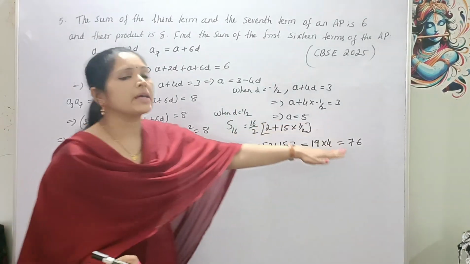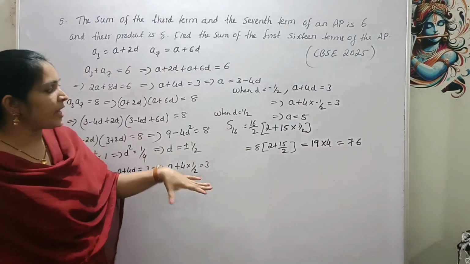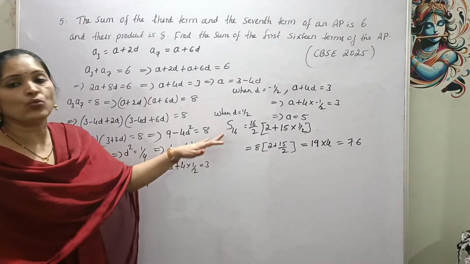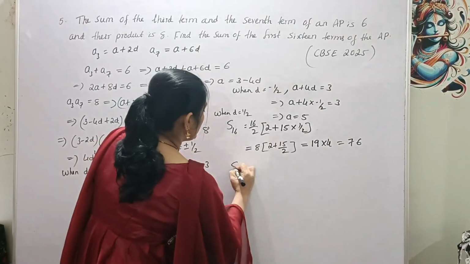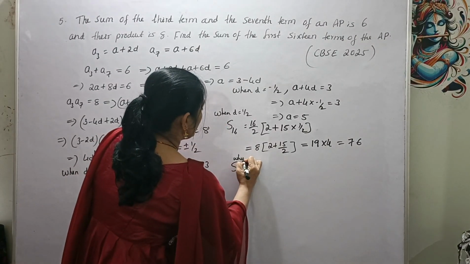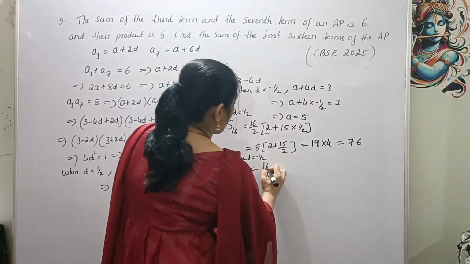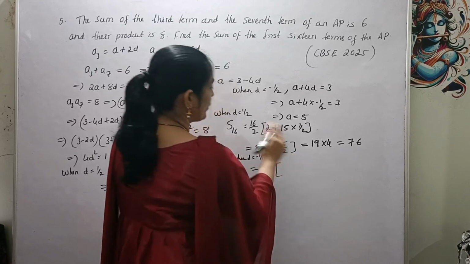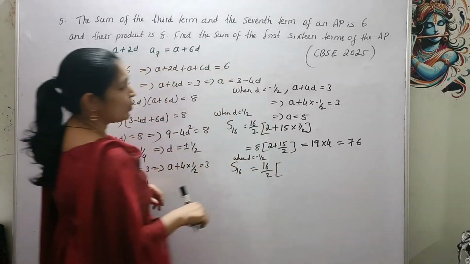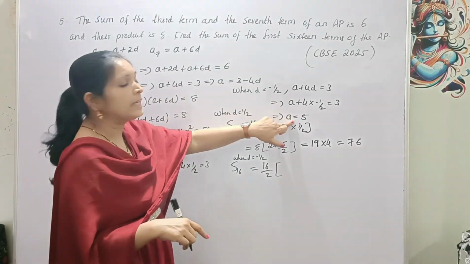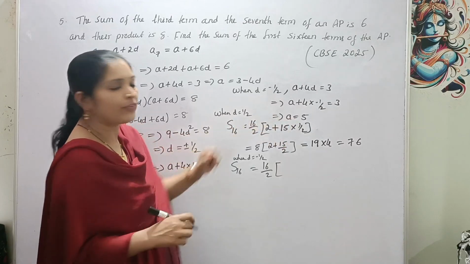the sum is 76. Next we have to find, when D is equal to minus 1 by 2, what is the sum? So yes, 16 by 2, N by 2, 2 into A. What is A here? When D is equal to minus 1 by 2, A is 5.